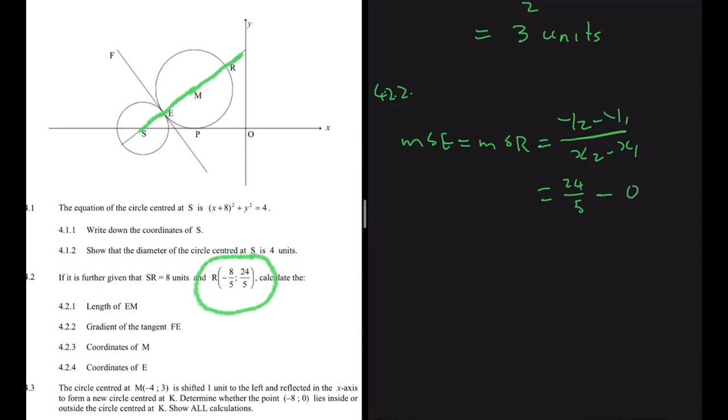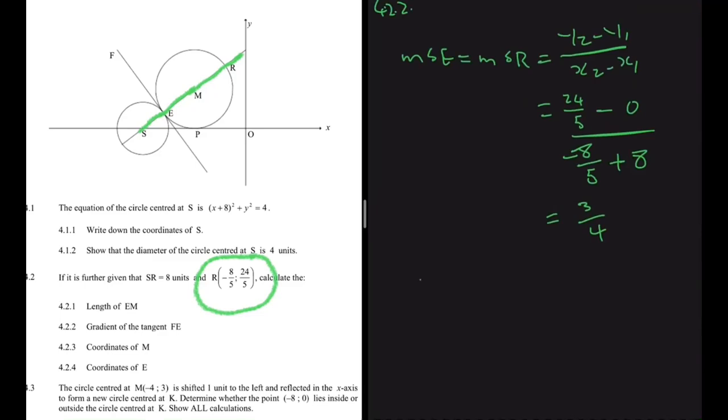So 0 divided by x2, minus 8 divided by 5, minus x1 of S. We know that is supposed to be minus 8, so it will be basically plus 8. And then when you compute that, you get 3 divided by 4.